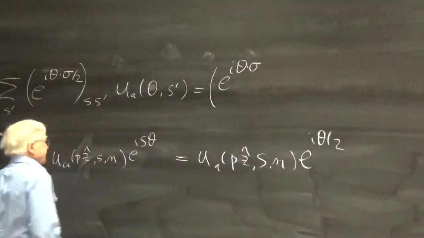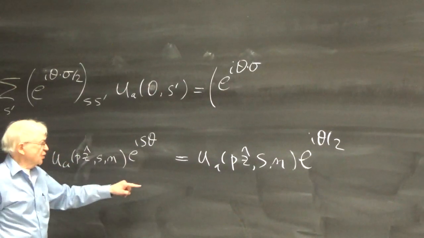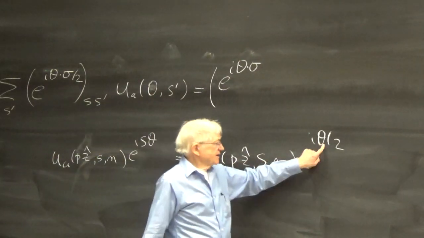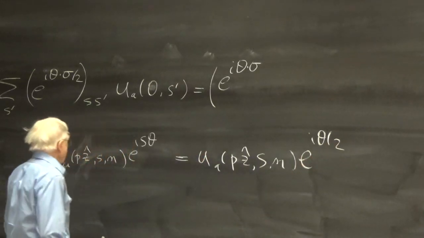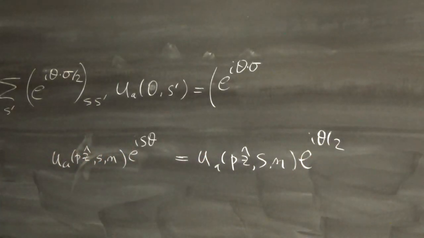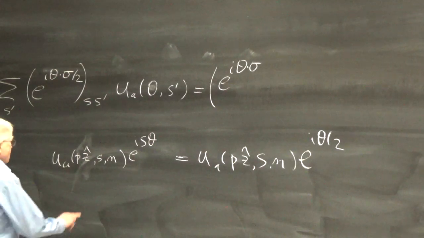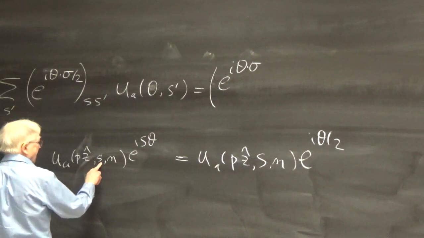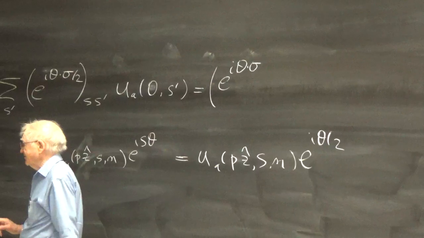So what this is saying here is that the U spinors have to satisfy this equation for arbitrary s, but there's no s here. So this works. In other words, this only works for s equals plus a half.